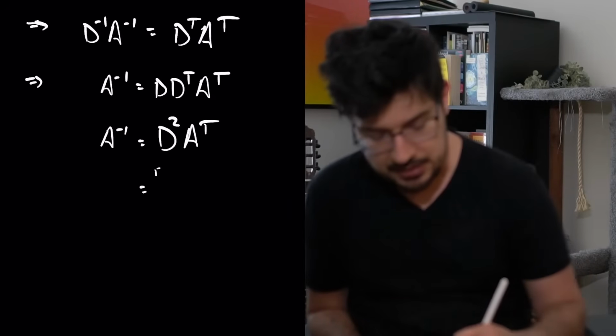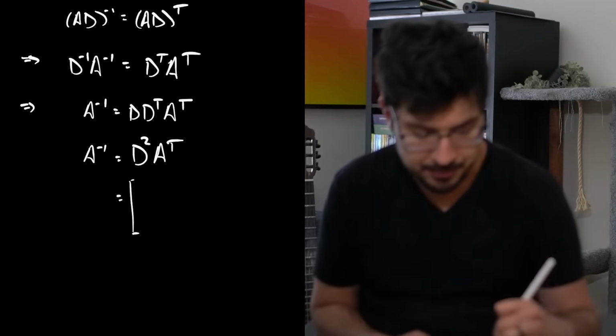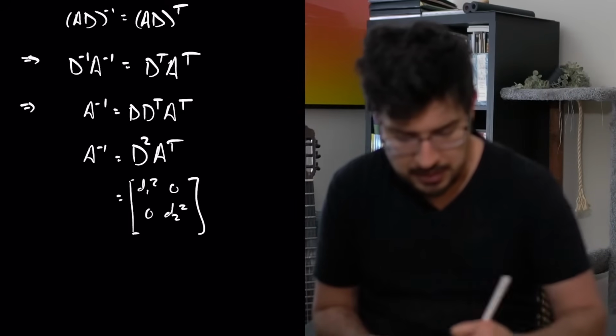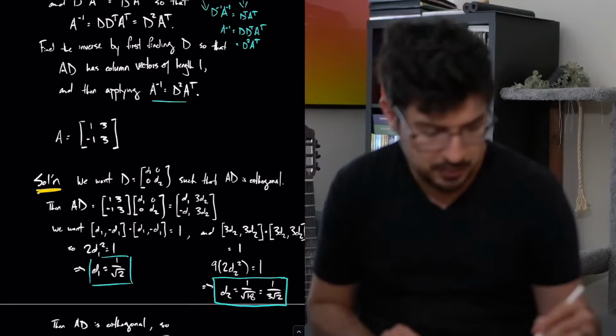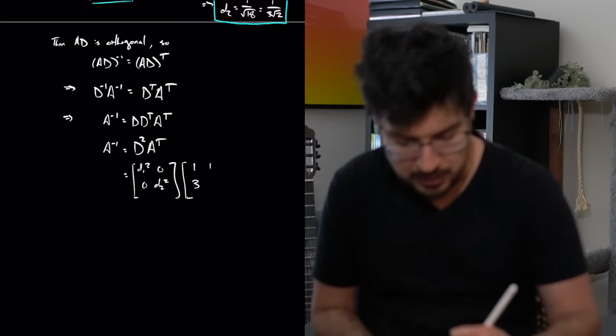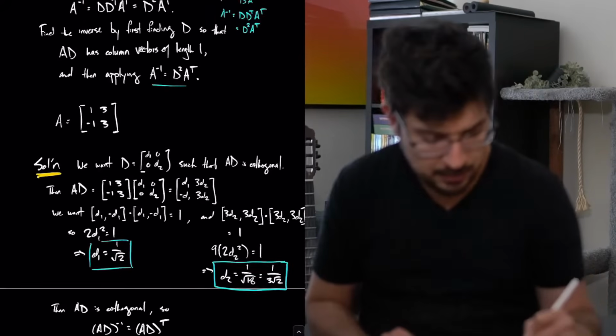So now this is D1 squared, D2 squared times A transpose, which is 1, 3, negative 1, 3. Right?